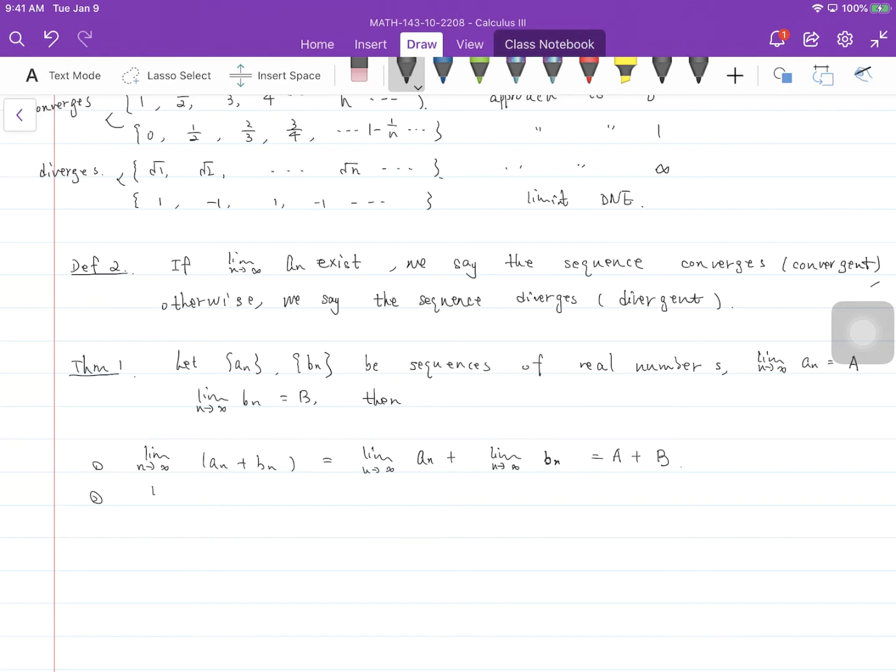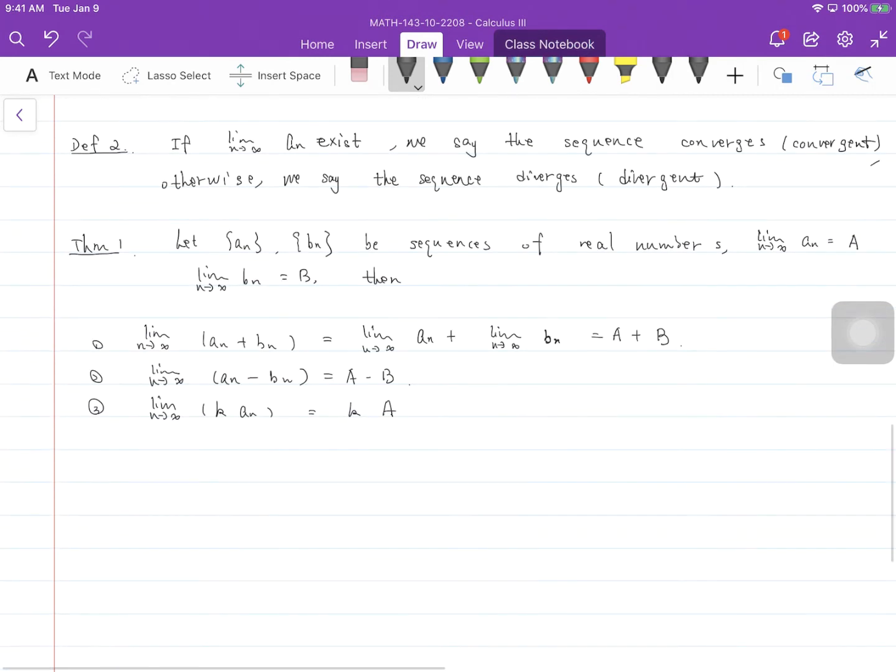The second one is called the difference rule, so you can guess: a_n minus b_n gives A minus B. The next one is called the constant multiple rule. That means if we use a constant k times a_n, which gives k times A, we can take the constant out of the limit sign. Number 4, the quotient rule: as n goes to infinity, a_n over b_n gives A over B.